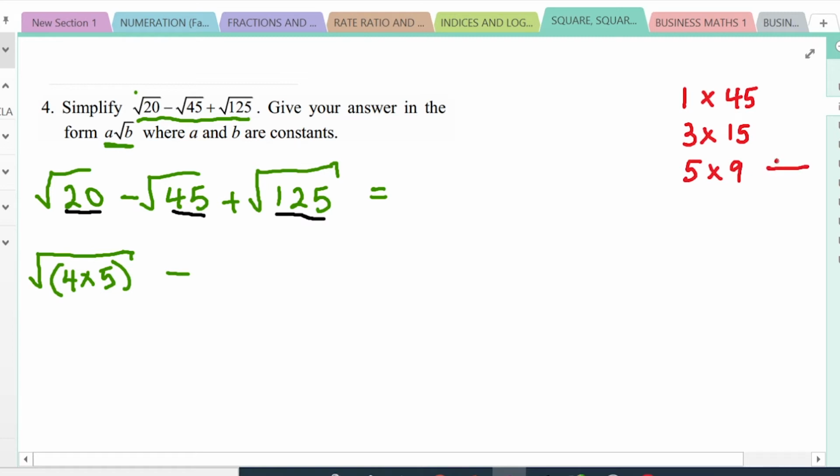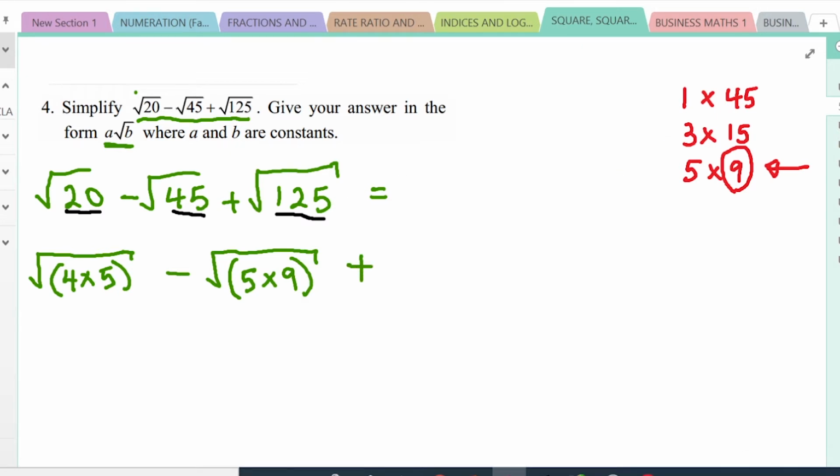Then from this one, 5 times 9, from the two factors, you realize that we have a factor whose square root we know. We all know that the square root of 9 is 3. So we shall go with that one. So I'll come down here and say the 45 up here is going to become 5 times 9. Then plus 125.